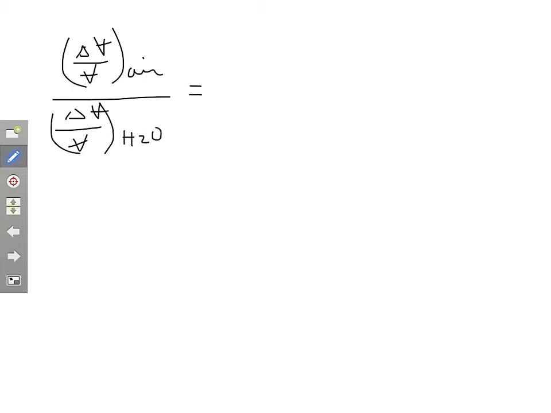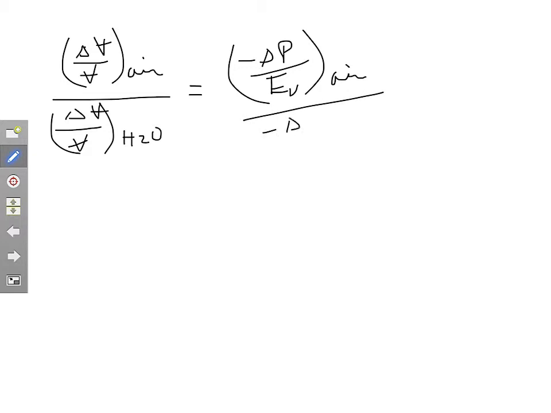In terms of the equation, we have air over minus dP over the bulk modulus of H2O. If we exerted the same pressure change on the air as on the water, these terms are going to cancel out, as well as the minus signs.